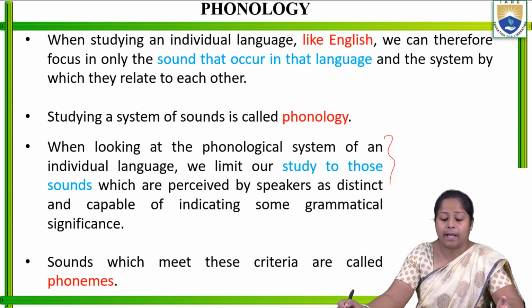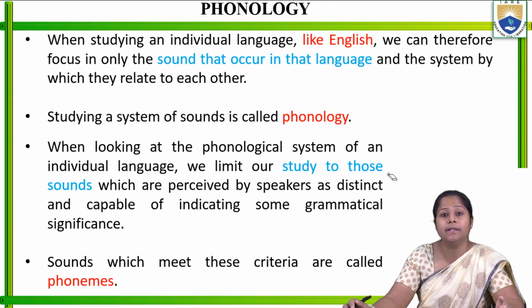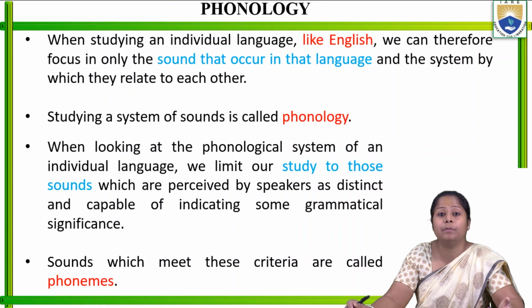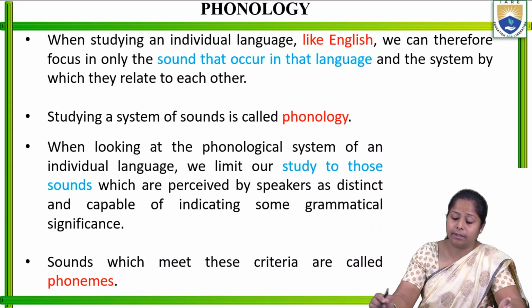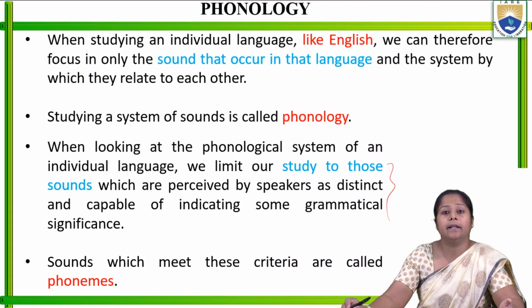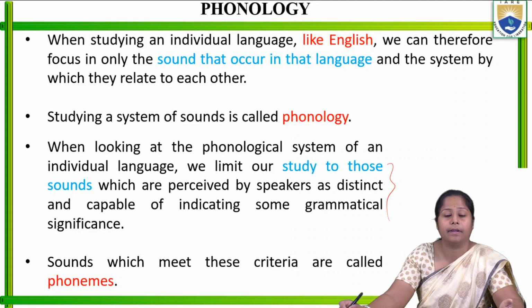So whichever sounds are perceived by the speaker. It means whatever sounds we make as per our need, only those are going to be studied, and other things will not be taken care of. Okay, so those will be distinct to the user or speaker, and they will be capable of indicating some grammatical significance.